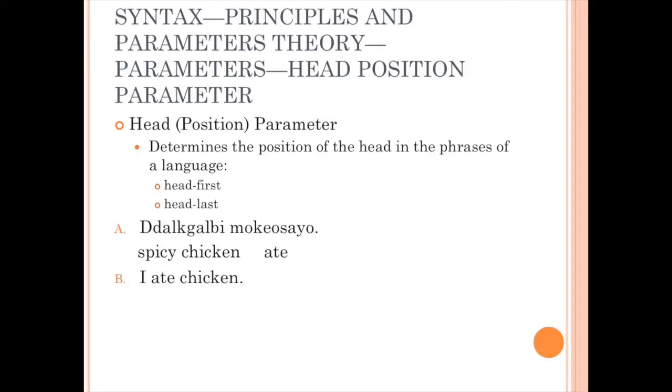Notice also that the subject "you" is understood. Korean's a null subject language. In sentence B, the English sentence, we see the verb phrase "ate chicken." The verb "ate" comes first in the phrase. In some languages, the heads of phrases consistently come first in the phrase. In other languages, the heads consistently come last in the phrase. This again seems to be binary.